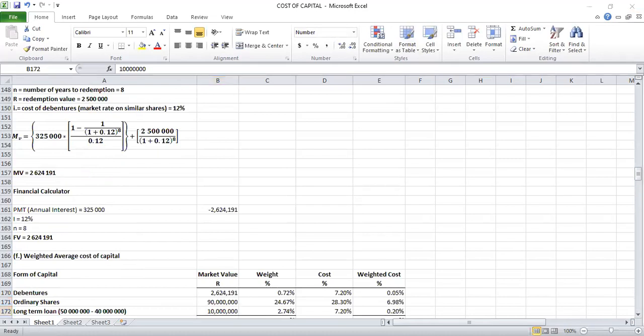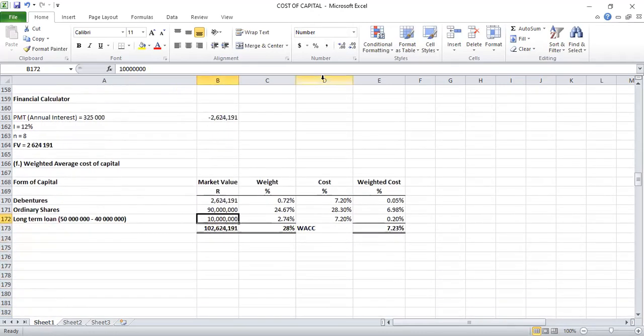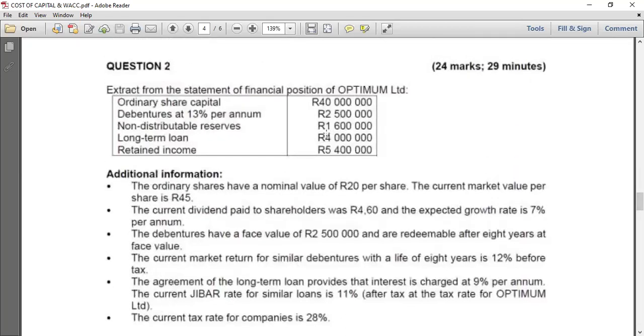Then our long-term loan, we just take it at the book value, which is 4 million, unless told otherwise.